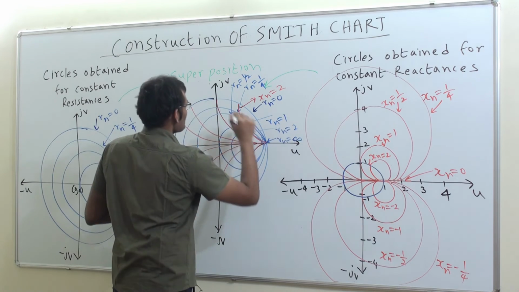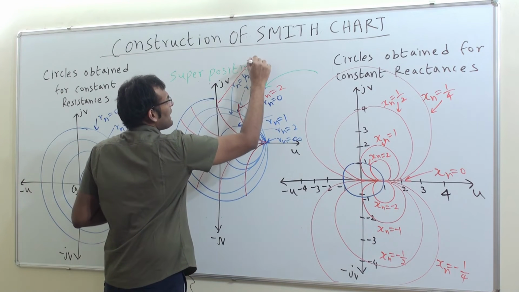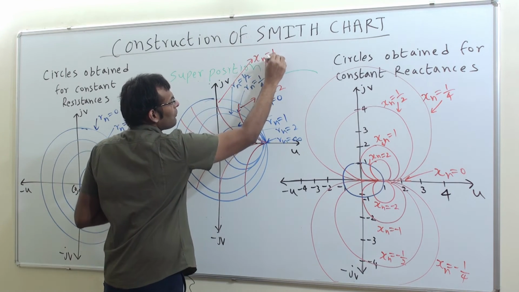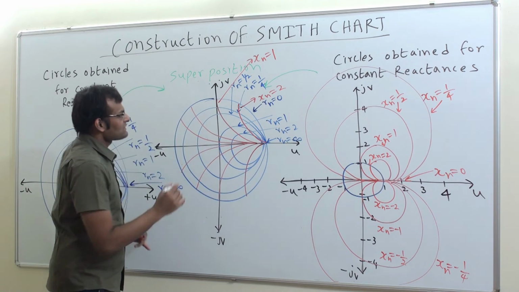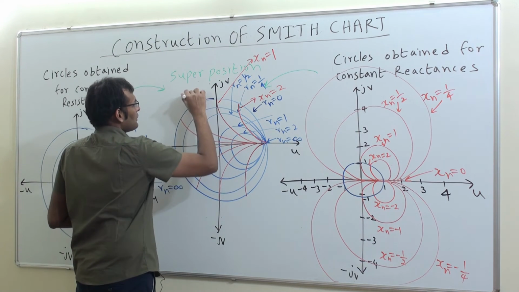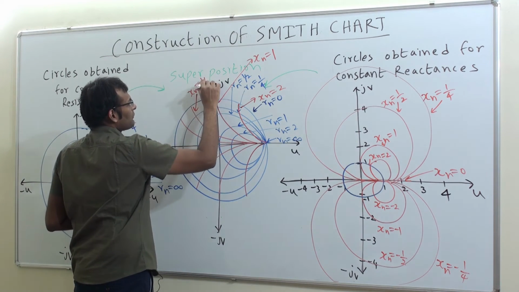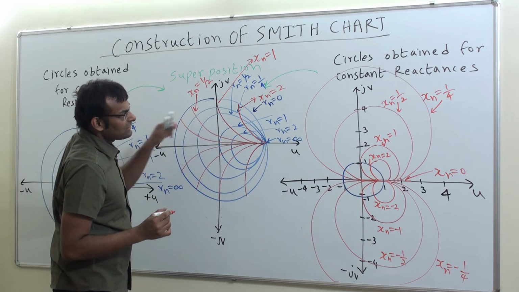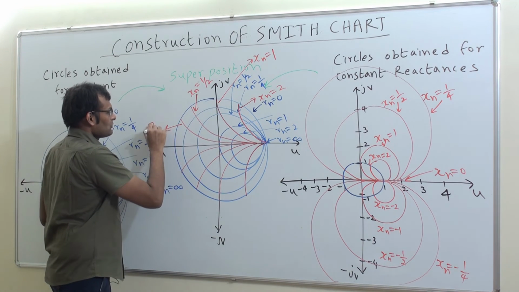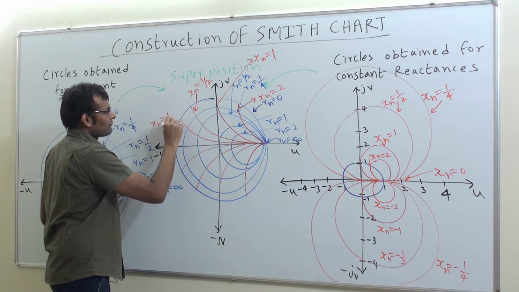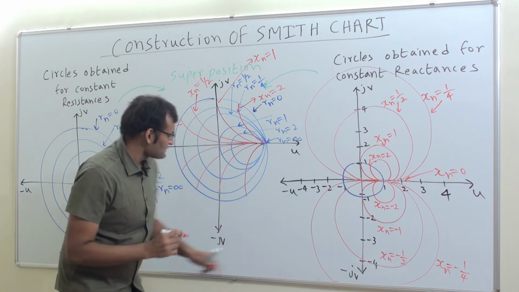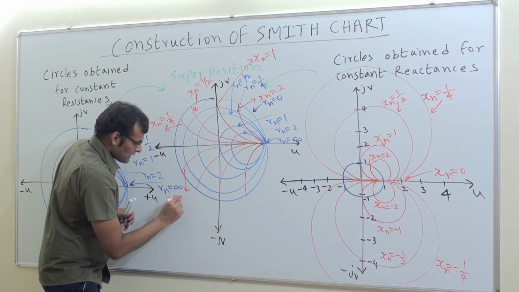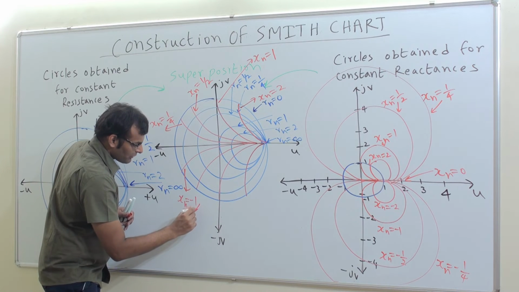And what is this? This is Xn is equal to 1. In the same way, this line is Xn is equal to 1 by 2. And this line is Xn is equal to 1 by 4. In the same way, this line is Xn is equal to minus 1 by 4.